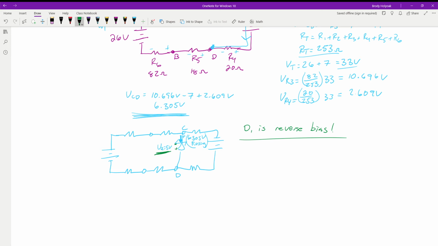So what this is saying now, our V diode 1 is equal to 5 volts because we have enough voltage for it to be able to drop the full 5 volts. If this was under 5 volts, it would be dropping everything that it could to try and get to whatever it's rated for. But since there's an excess, it will only drop the 5 volts.